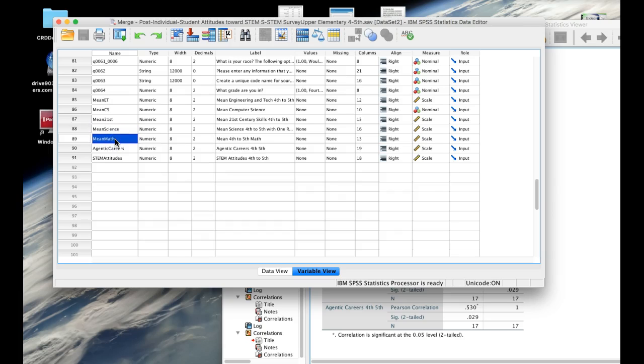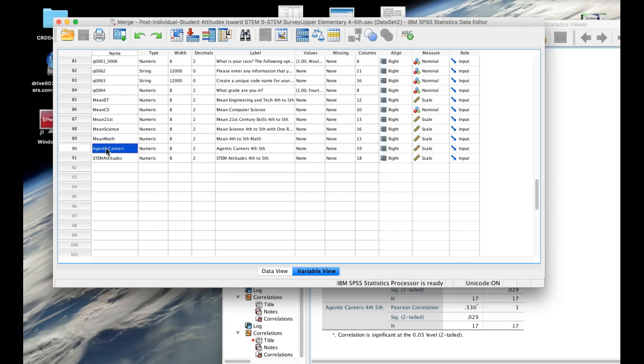Those are the ones that I then used as an average. I took those means and then averaged them into what is one STEM attitudes variable that I can then use for correlations with gender.